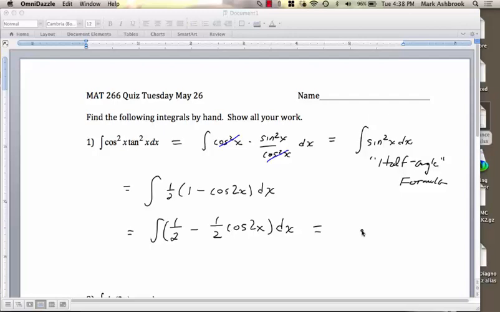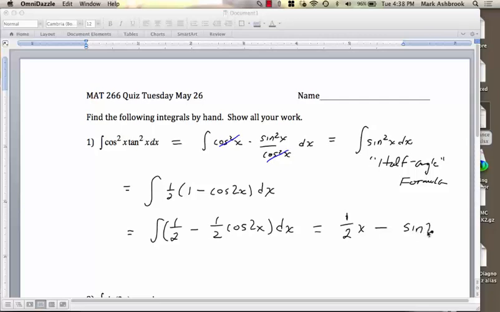So here we go. So what is the antiderivative of 1/2? 1/2 x. And now we got to do the antiderivative of cosine 2x, which is very easy. What is the antiderivative of cosine 2x? 1/4 sine of 2x.